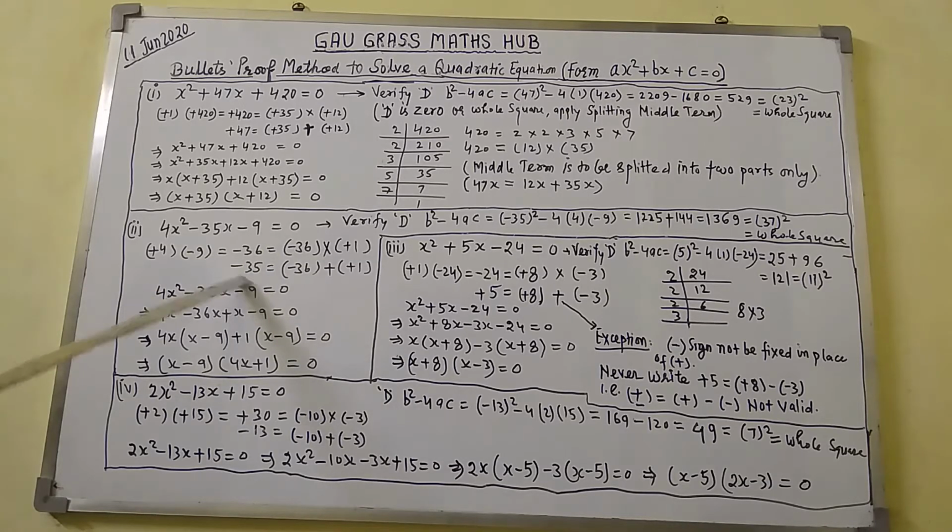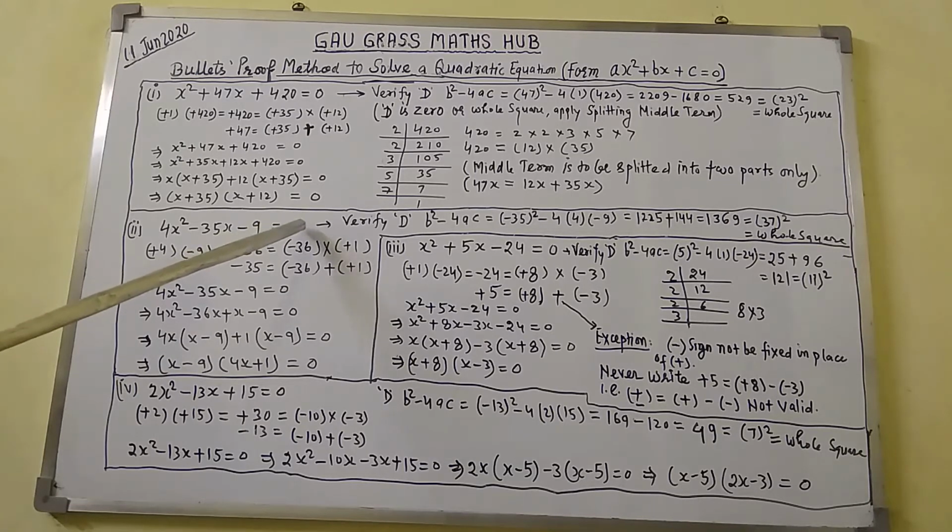Vertically below, write minus 35, which is the coefficient of x. Do the same operations. Minus 36 will always be split into two parts only. So here I have made 4 boxes, as I explained to you earlier.